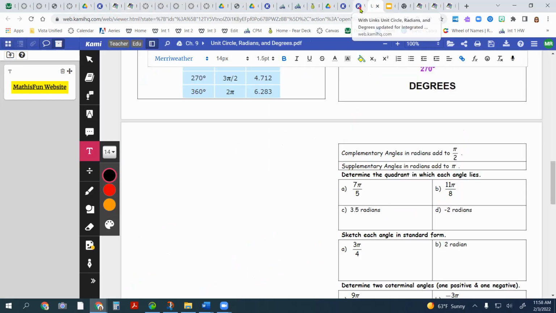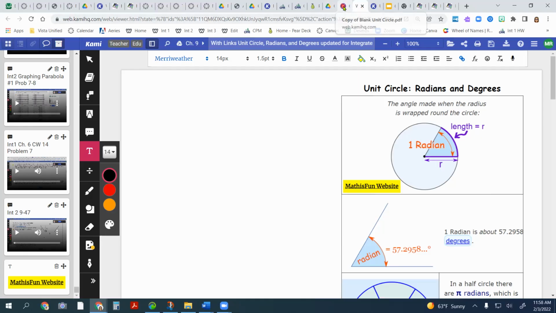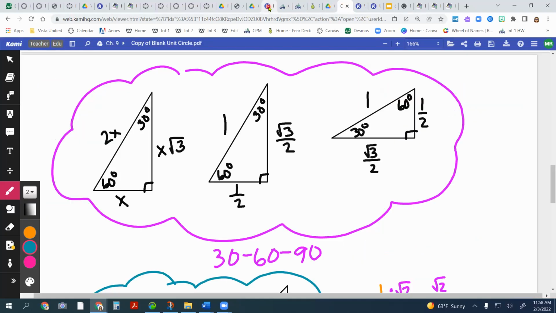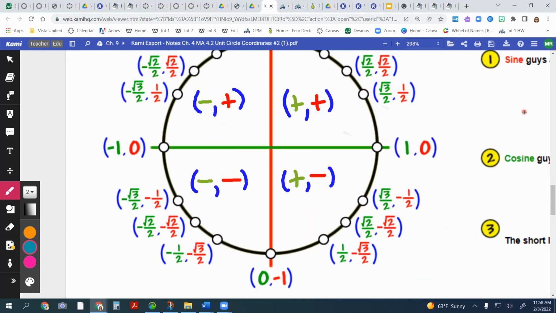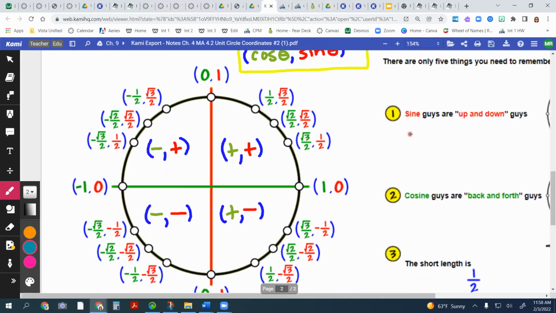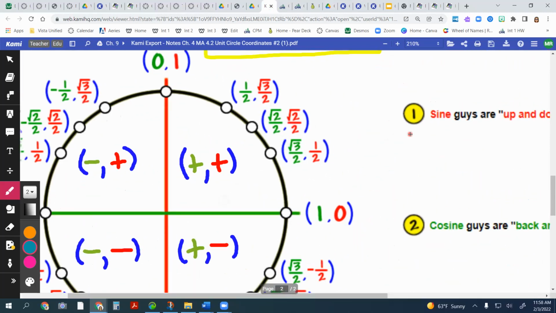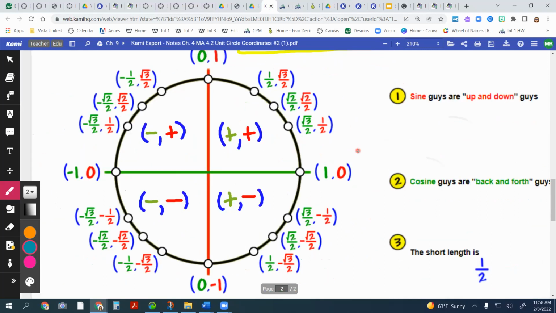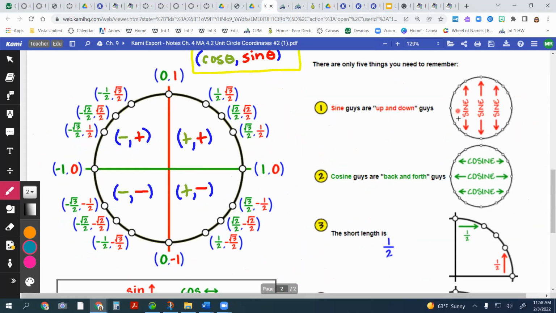So back to my paper here. The way I think about this, and it's kind of drawn here, your sines are the up and down, it's your y's, the cosines are the across. So coming this direction's cosine, going this direction sine.